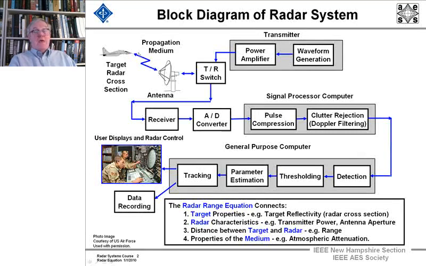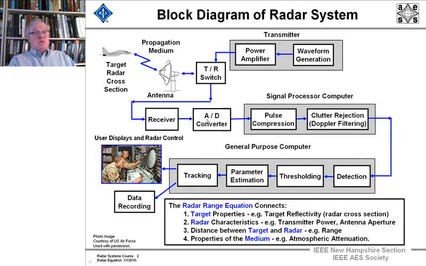It goes through the air, the propagation medium, and it scatters off the target, which has an electrical area or radar cross-section. Some of that energy scatters back into the antenna, if it's a monostatic radar, and the transmit-receive switch is now in the receive mode, where none of the transmitter power can leak through into the receiver, and then it goes into a receiver itself.